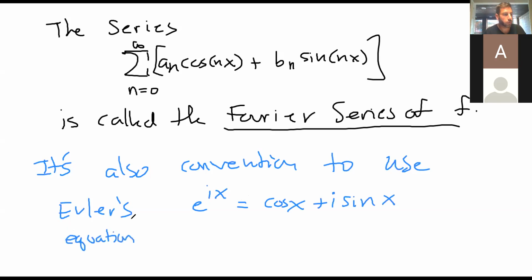And if you do some work with this, you can write your Fourier series, instead of using sines and cosines, more compactly. So what do I mean compactly?